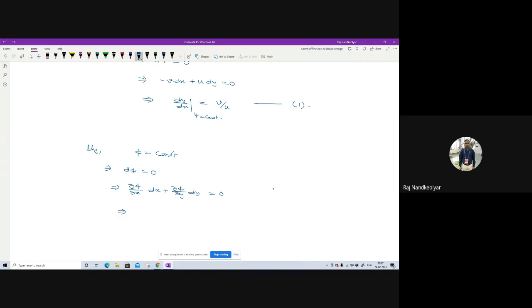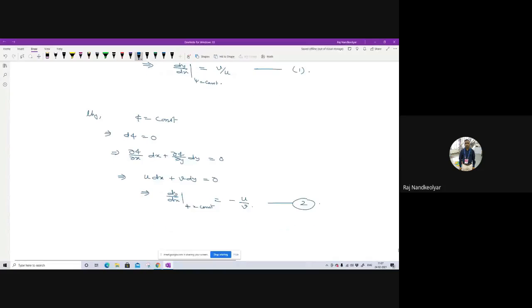So this is del phi del x equal to u, by the definition of velocity potential, so u dx plus v dy equal to 0. And from here, you can find out the slope of phi equal to constant. The slope of phi equal to constant equal to minus u upon v. Let us say this is 2.